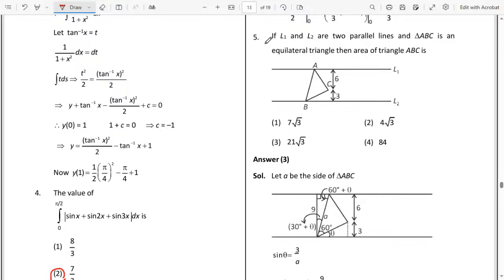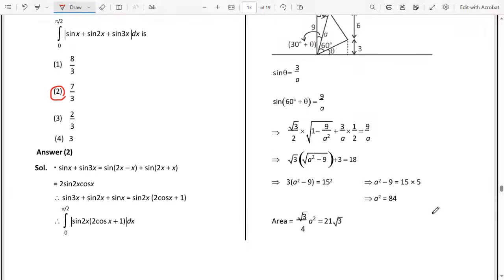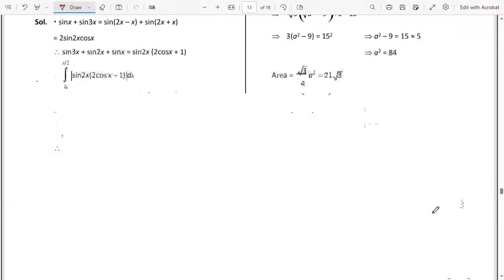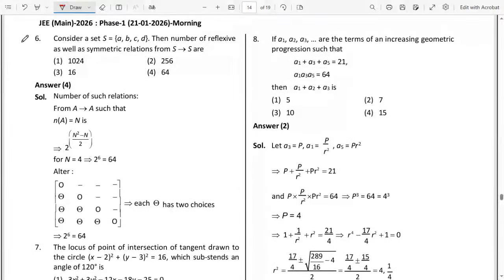Question number 5, option 3 is correct option students. Question number 6, option 4 is correct option students.